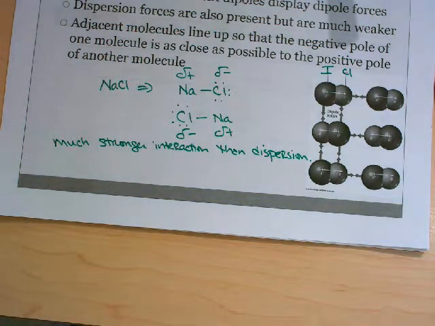And so since it's even stronger than dispersion forces, should they need even more energy, or should they use less energy to change states of matter? More, right? Even stronger. So you need even more energy to push these guys apart.